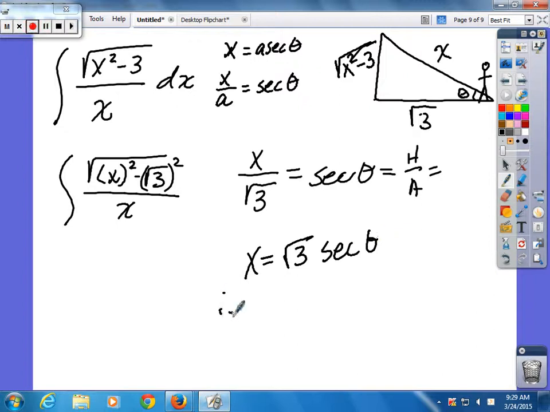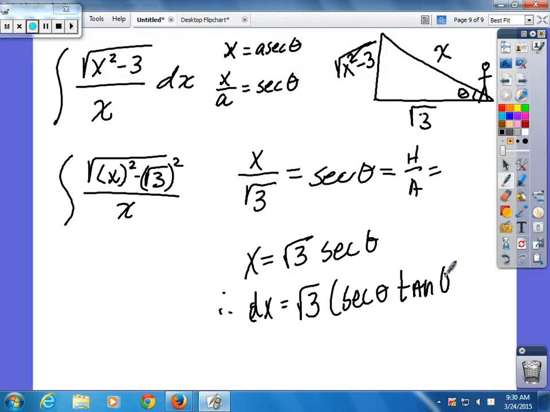Therefore, dx is equal to the square root of 3 times secant tangent theta. Now all we have to find is, what is the square root of x squared minus 3? Or we could divide by the square root of 3. I'm just thinking out loud.